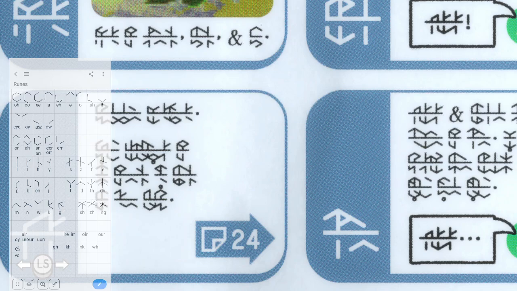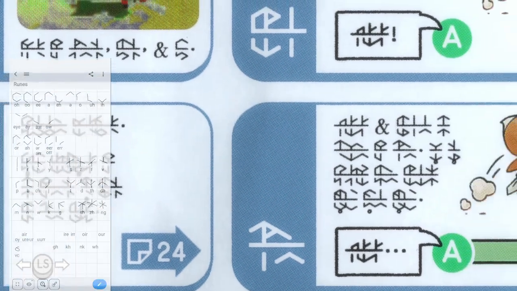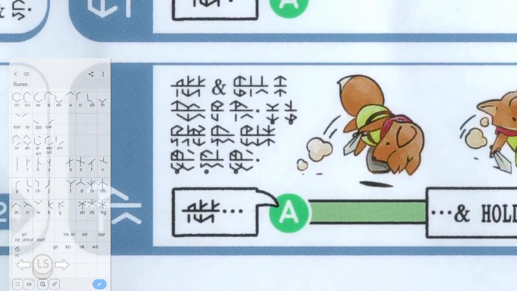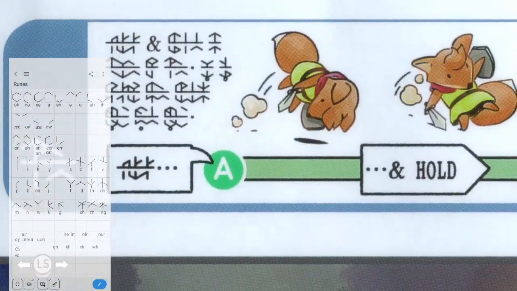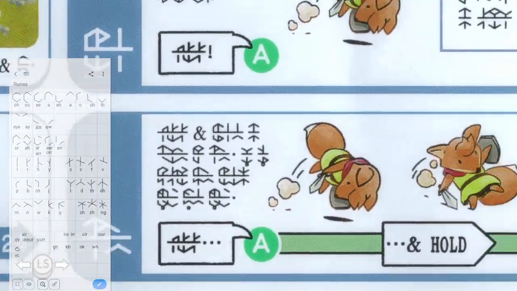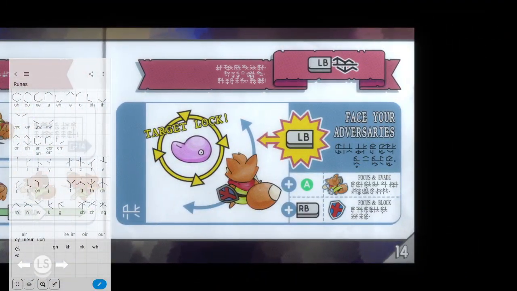Huh. Are those monoliths the tombs? Might be. We've got to run here. I'm not going to read that one right now. I don't think it's going to be that interesting.